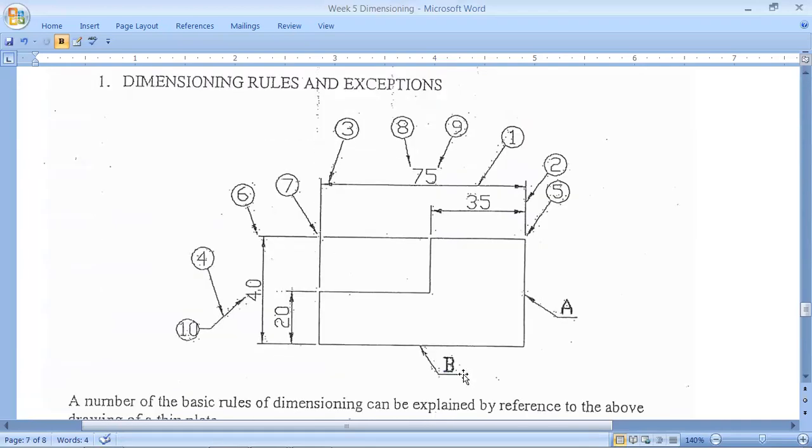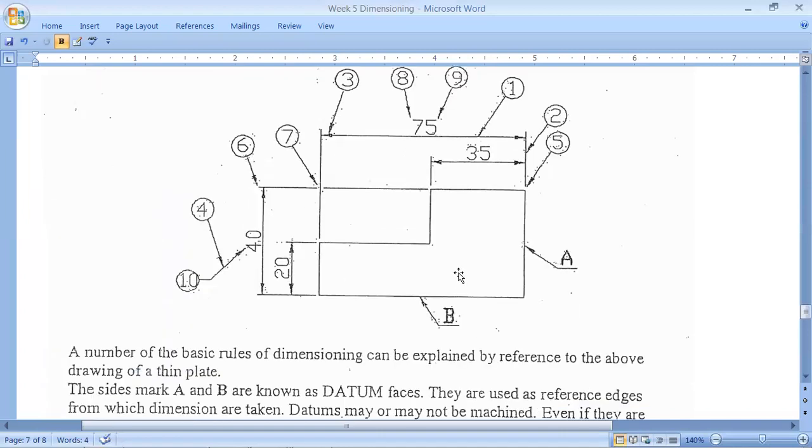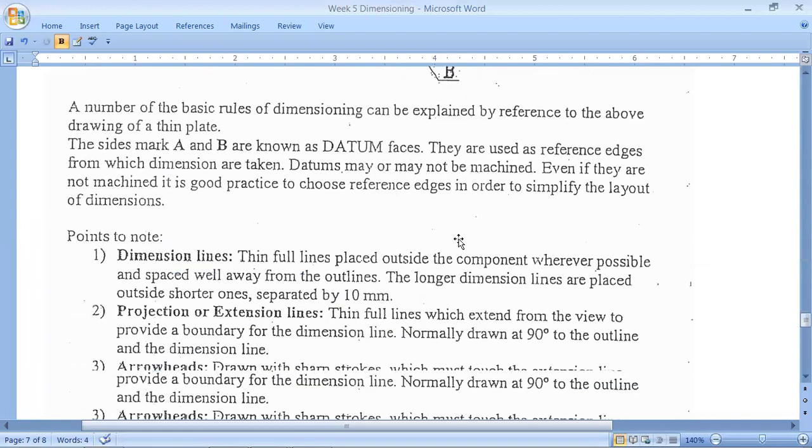In fact, here is a summary of the rules in case you don't remember them: number 1, 2, 3, 4, 5, 6, 7, 8, 9, and 10. The instruction for each one of the rules is down here.